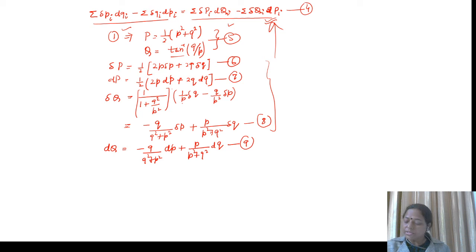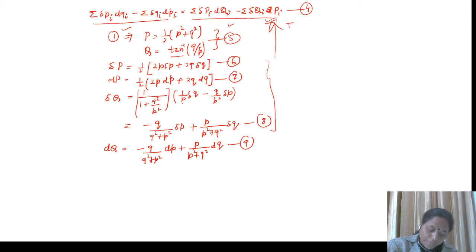Now the third way is, we show that the Hamilton's equations are preserved. That means the Hamilton's equations are true for the new Hamiltonian.